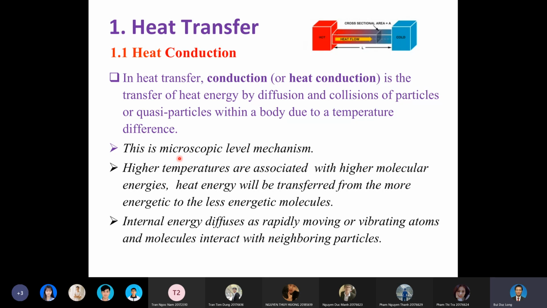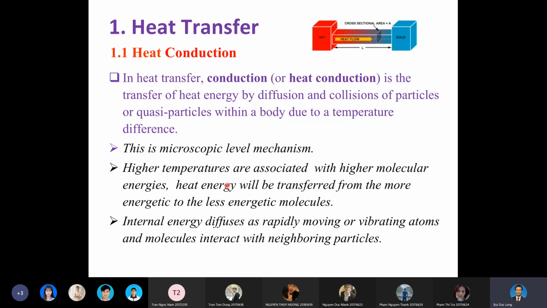So go back to our lecture. Higher temperatures are associated with higher molecular energy. We will explain why heat will transfer from the hot side to the cold side.